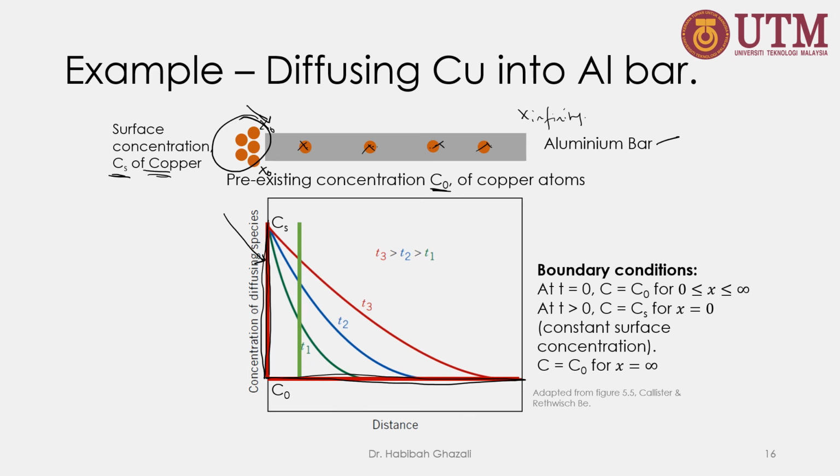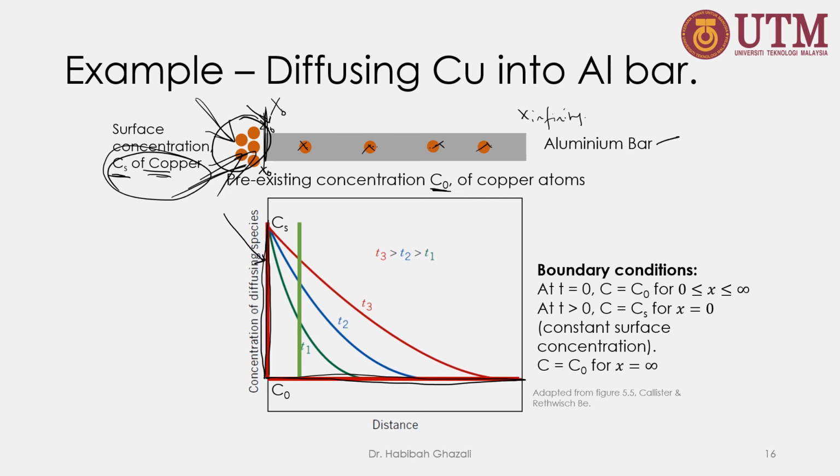My assumption is I will let the concentration of copper on the surface be constant. It means that I will supply copper atoms all the time at this location at x0. So I will keep the concentration of copper here constant, so there's no depletion of copper on the surface of x0.